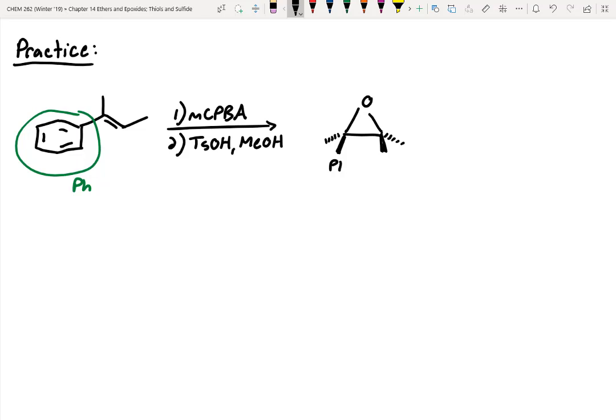It doesn't really matter which position we put them on, right? So I'll just pick one or the other. And then the phenyl group is on the same side of the alkene as this hydrogen, which means we should have a hydrogen there. And then on the back side, we should have a methyl group on the same side as the other methyl group. Do we have to worry about enantiomers here? Yes, absolutely. So this would be plus enantiomer.